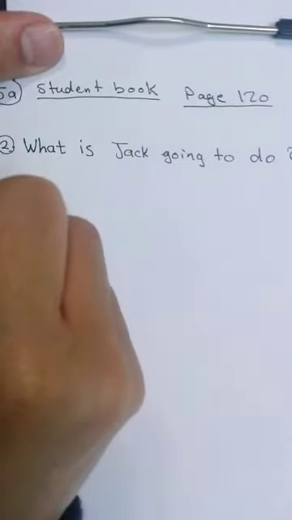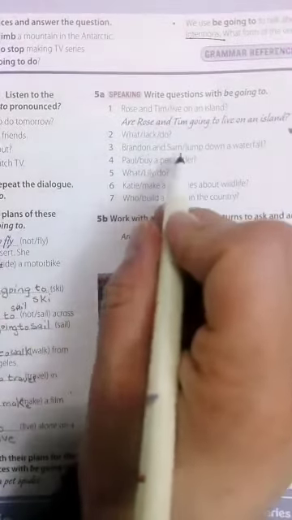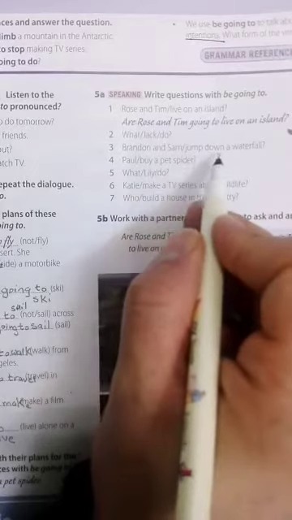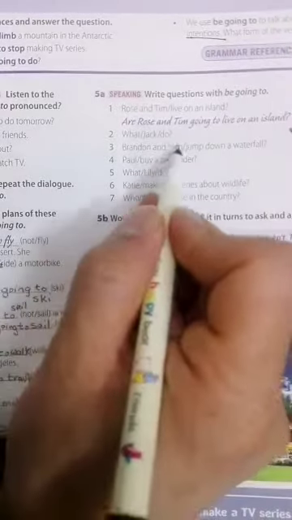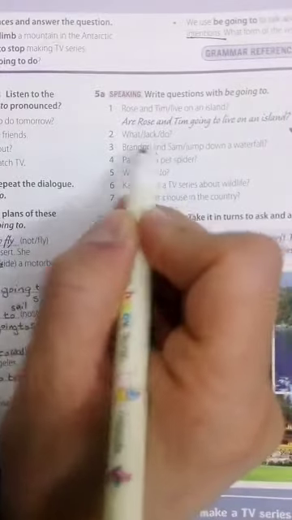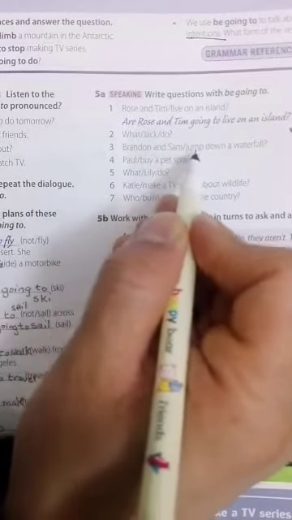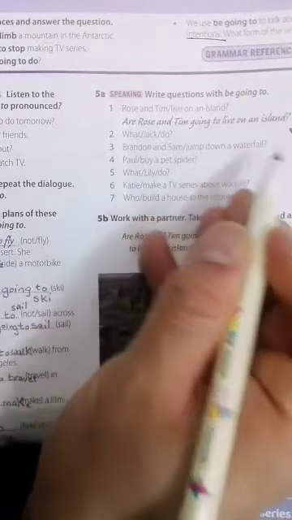Let's go to sentence number 3. Sentence number 3 says, we have Brandon and Sam jump down a waterfall. How should we do it? We have a plural noun because we have two people here, and the verb jump down a waterfall. How should we write it?